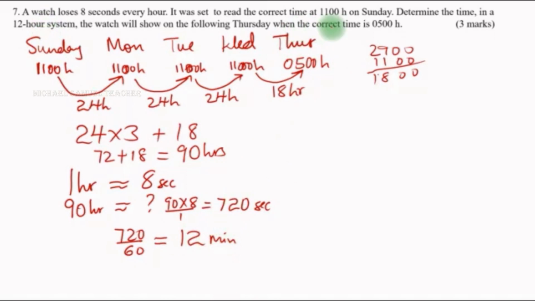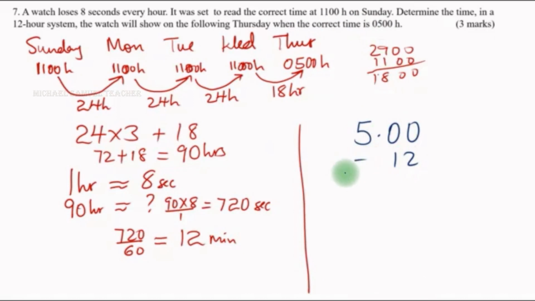So what will be the correct time when the correct time is 05:00? What will the watch actually show? So for the watch, this will be 5. We subtract 12 minutes.